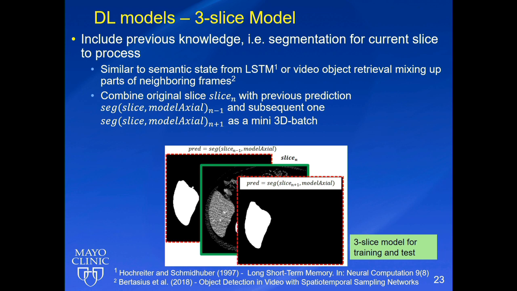We apply it in a bottom-up, top-down way as post-processing of your initial axial segmentation results, going through all the data once again and combining the current intensity profile with the prediction of the previous and the subsequent slice. So these are the three improvement strategies we have looked at.